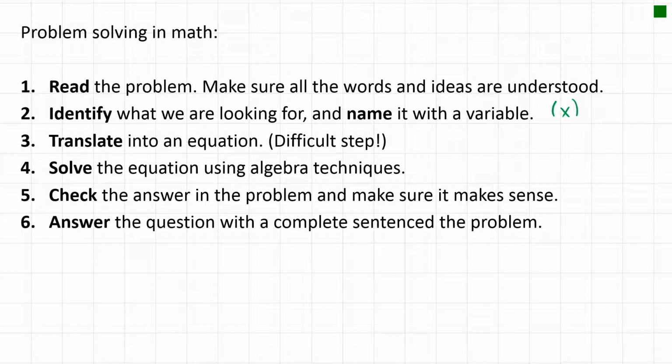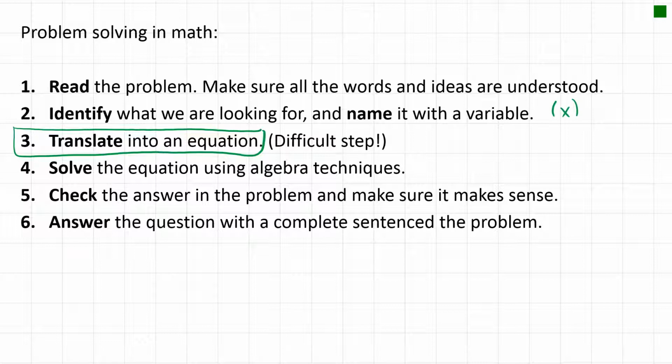Then we have to translate the problem as we're told it into an equation. And this is probably the key step, translating into an equation. Because if your equation isn't written properly at the beginning, then you're not going to get to the correct solution to the problem. So we're really going to have to concentrate on step 3.